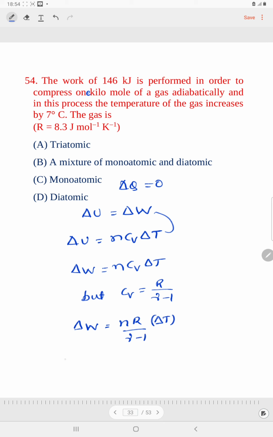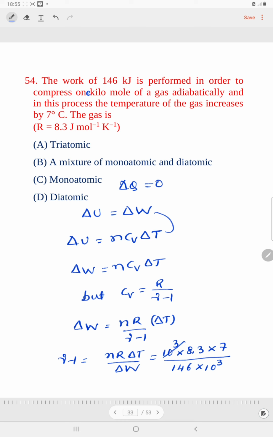Then I want gamma minus 1, students. Gamma minus 1 is equal to nR delta T by work done. Now, what is the number of moles? 1 kilo. 1 kilo is 10 cube. R is 8.3. Change in temperature is 7. The whole thing is divided by 146 kilojoule, which is 146 into 10 power 3.